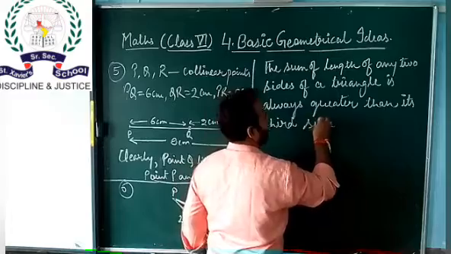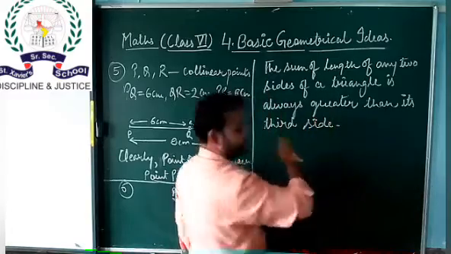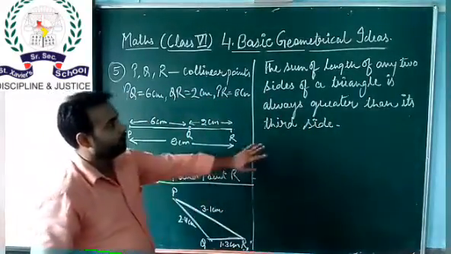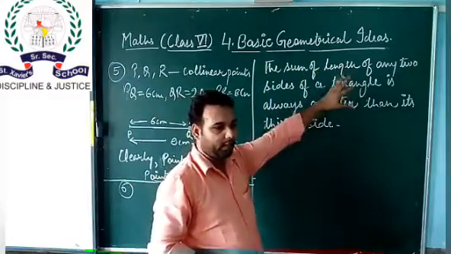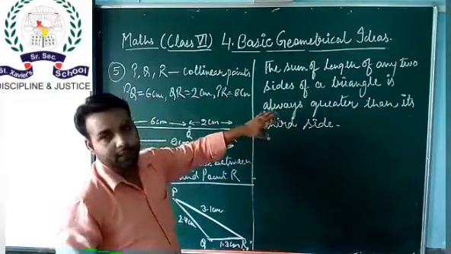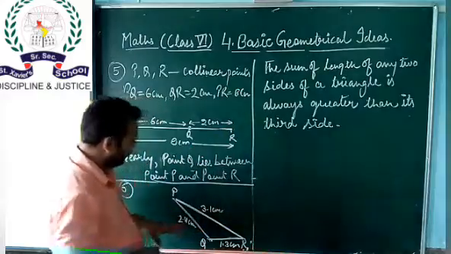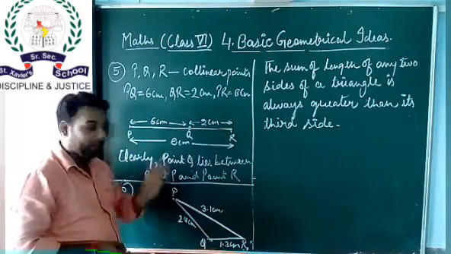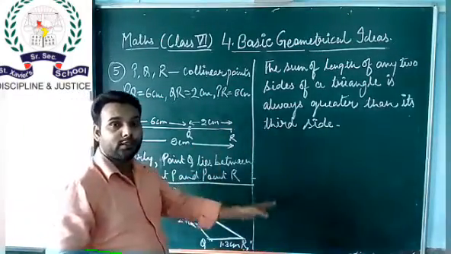This is the property, and you have to check it here. It means whenever you find the sum of two sides, it must always be greater than its third side.